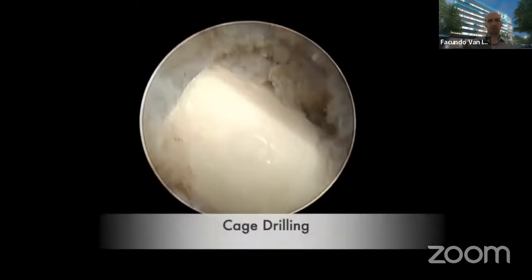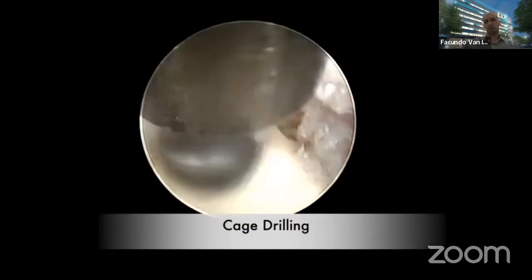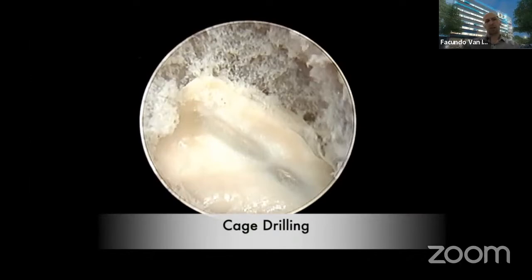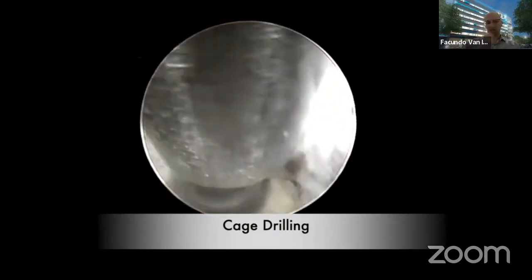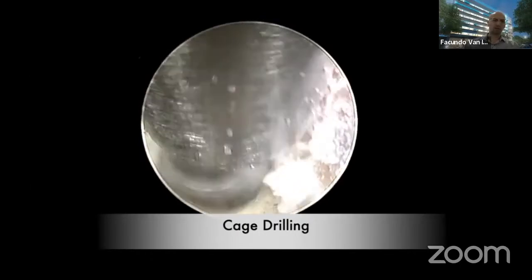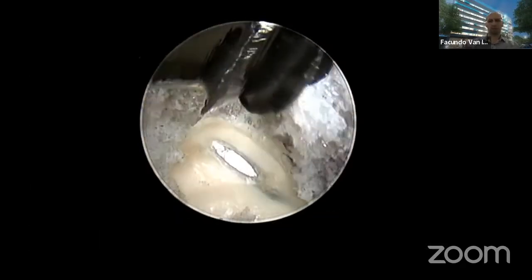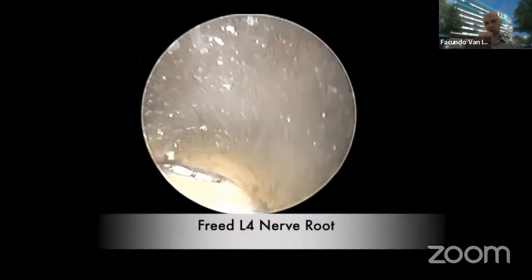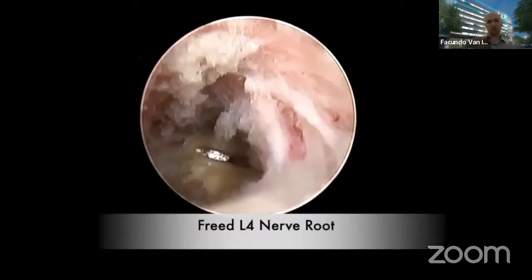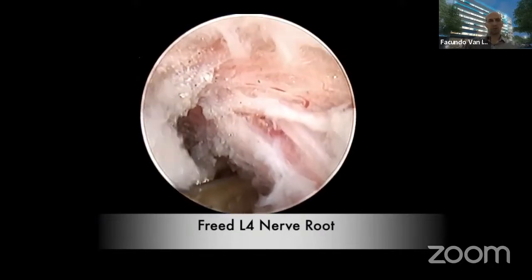Then we started drilling the cage to lower its volume until we reached the metallic landmarks of the cage. The good thing is that when you diminish the volume of the cage and unrotate the working sheath, you can see that the nerve root rests without compression from the cage.